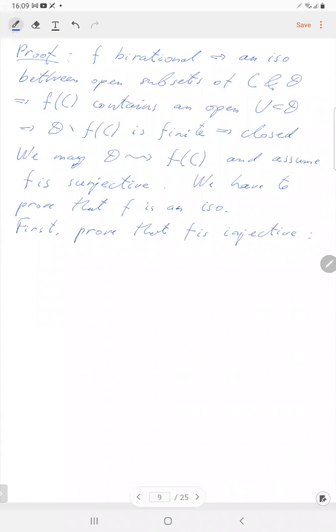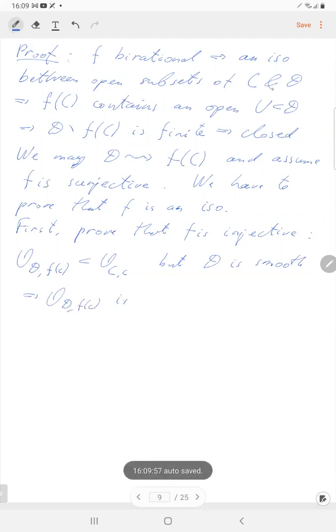Why? Because we know that we have an embedding from the local ring of the base curve into the local ring of the curve C. But we know that D is smooth, and hence the local ring is a discrete valuation ring.